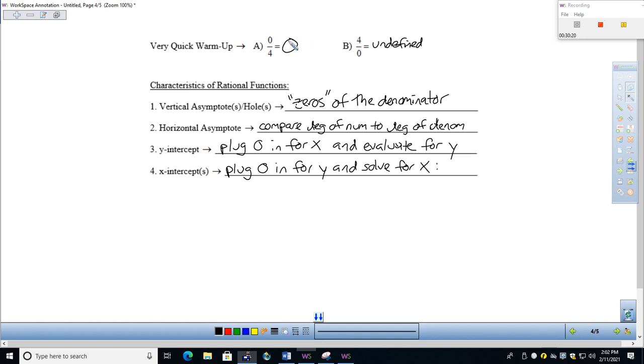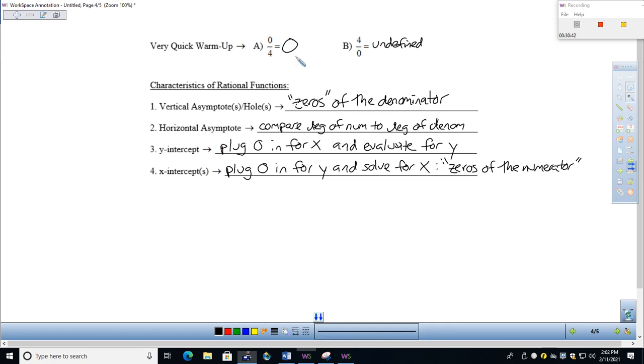And so the way I would write this, just like I did up here, if I'm looking for the x-intercepts, it would be the zeros of the numerator. Because if it makes the numerator 0, then it makes the overall function value equal to 0.